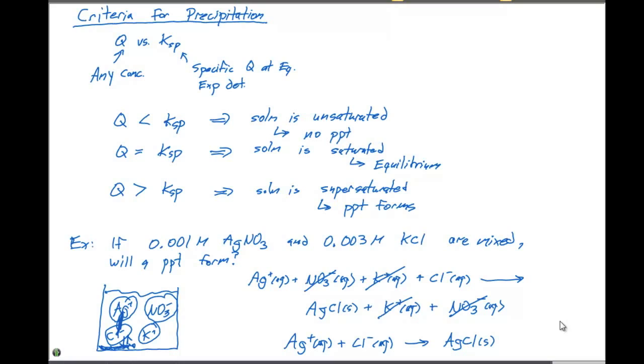So the way we typically set this up now in Chemistry 123 is that we take this solubility expression and we're going to say AgCl solid in equilibrium with Ag plus and Cl minus.